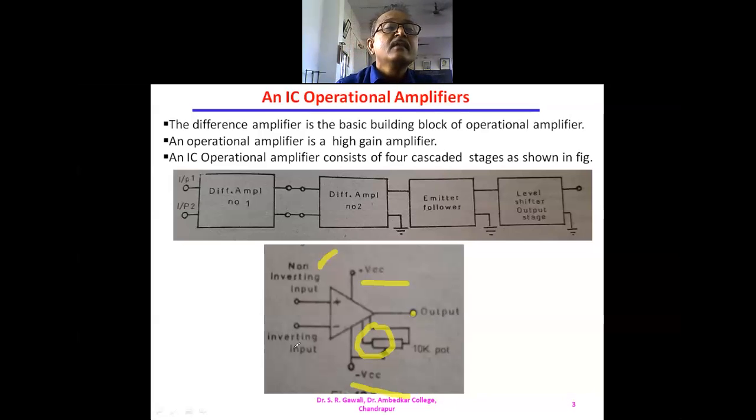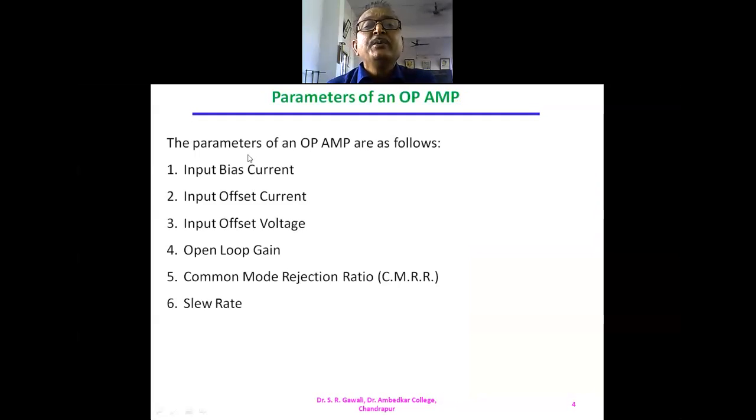Now, after this operational amplifier, we will study its various parameters. Sometimes you may be asked what the different parameters of the ideal operational amplifier are. So the various parameters are as follows. First is the input bias current.